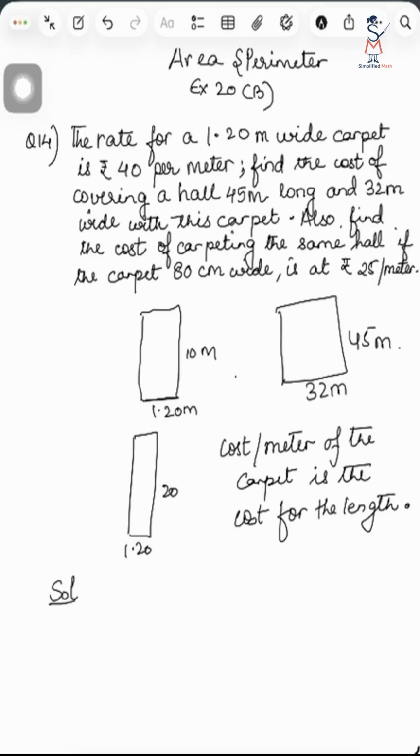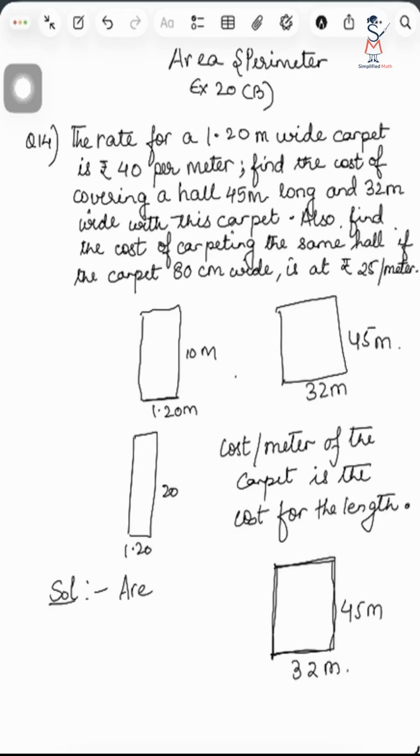Let's write the solution. Now you have to carpet this hall which is 45 meter long and 32 meter in width with this carpet. That means the whole area of this hall has to be covered with the area of the carpet.